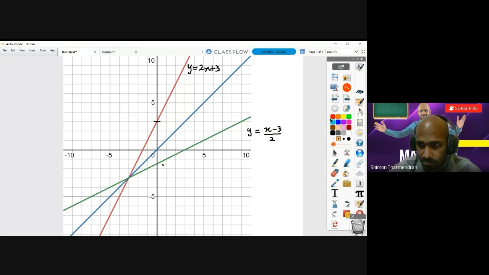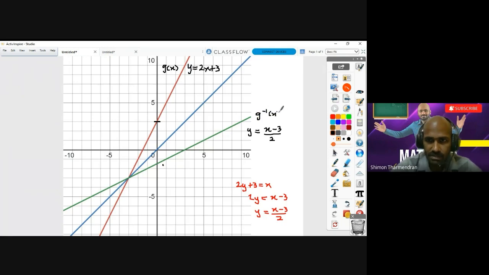For you guys, if you've forgotten, how we do that is we flip it. So we've got 2y plus 3 equals x, 2y equals x minus 3, so y equals x minus 3 over 2. So this is my g of x, and this is my g inverse of x.